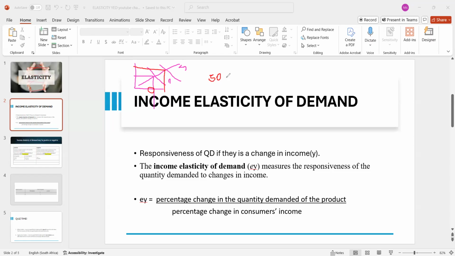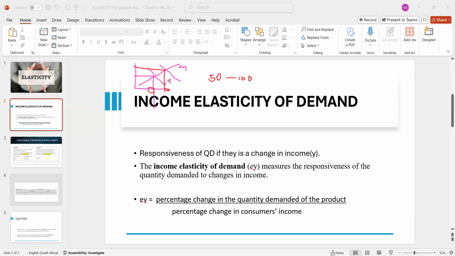And when the income increased to 100 Rand, the quantity now demanded is this one here. In doing this topic, we are trying to determine by how much the quantity demanded will change due to a change in income, the extent, the magnitude of change.